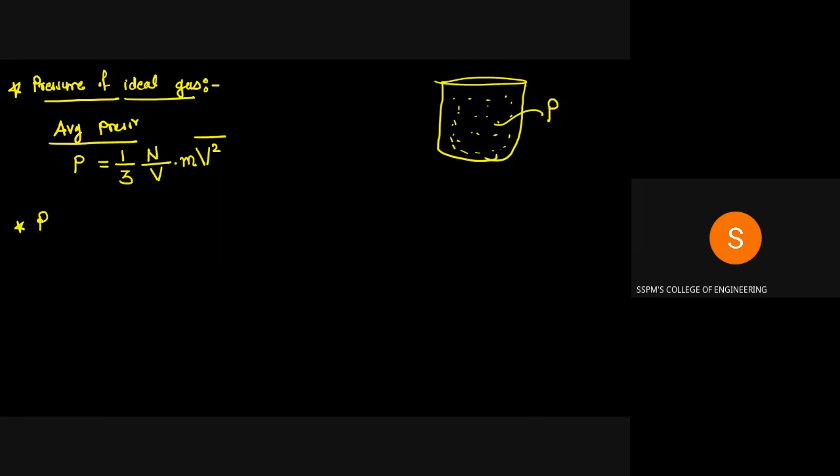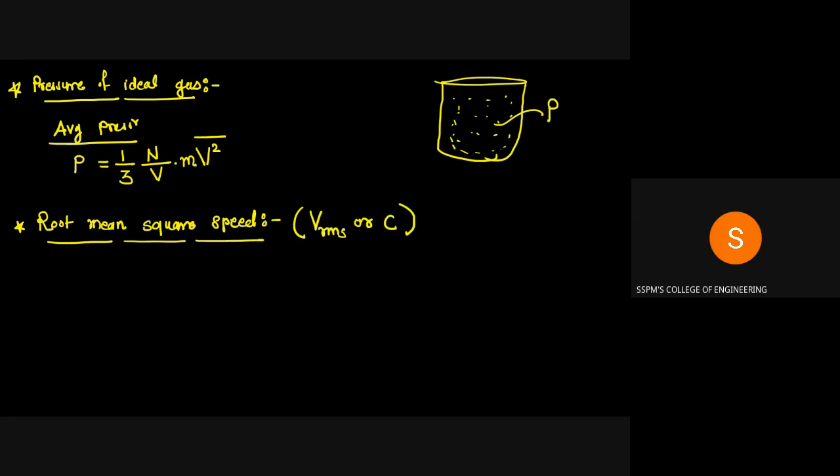Next we have the root mean square speed, the RMS speed of the gas molecule. This is VRMS, or sometimes it is represented as c.